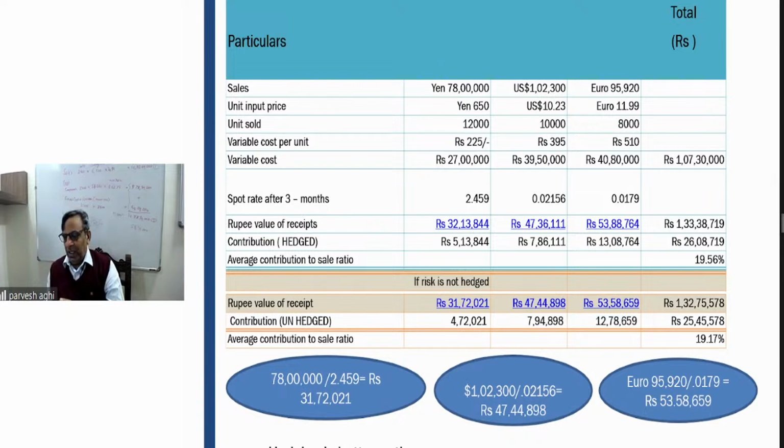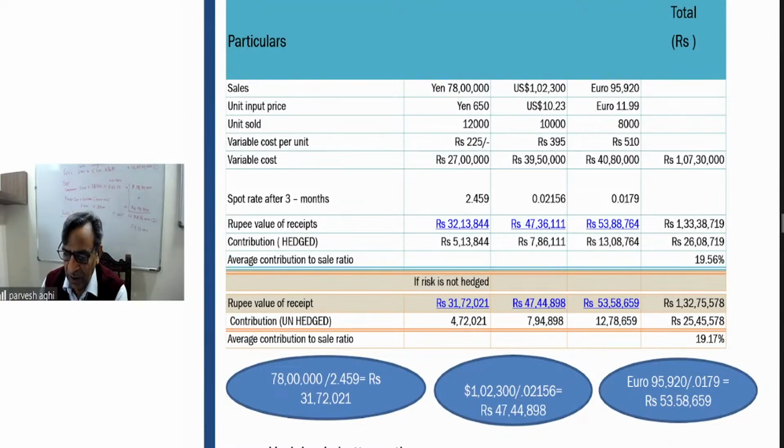Now, just to explain again here, when he uses the forward rate, his contribution sales ratio is 19.56, which is sales minus variable cost, divided by sales. So he is earning 19.56% contribution on sales.